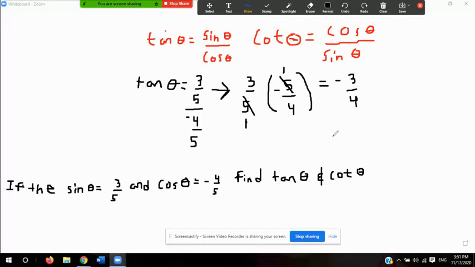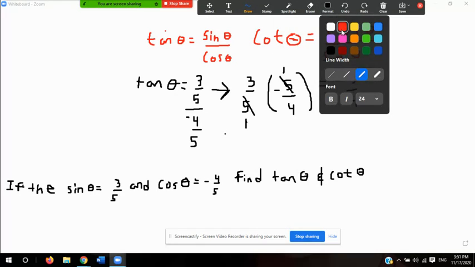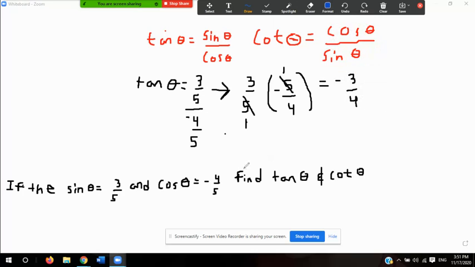So we know that the tangent of theta, let me write it in a different color, yeah, I like using the blue, equals negative 3/4.